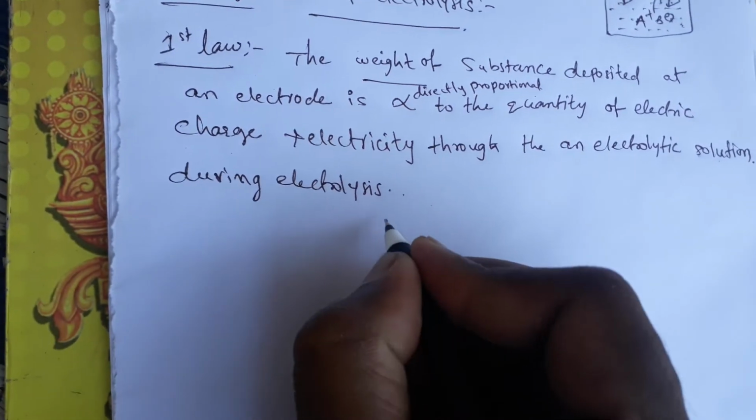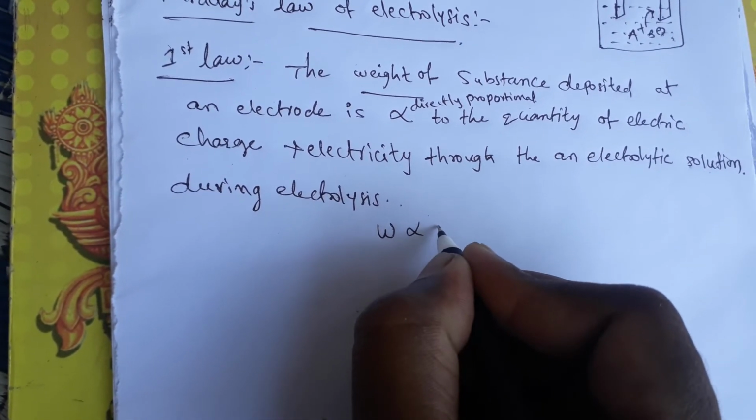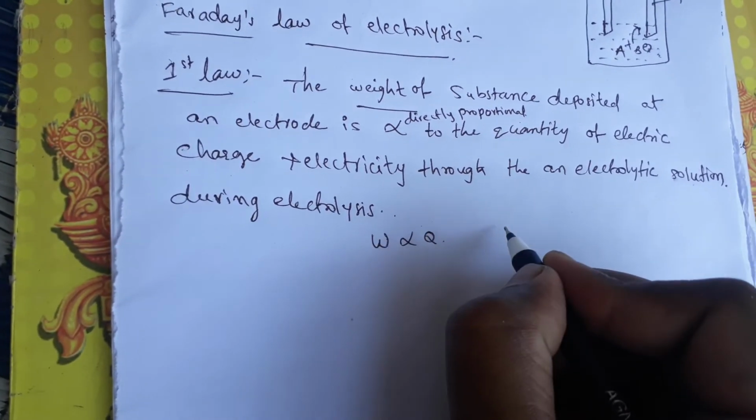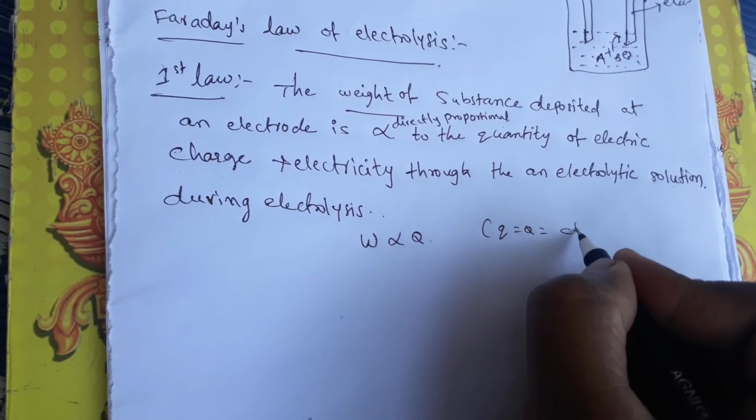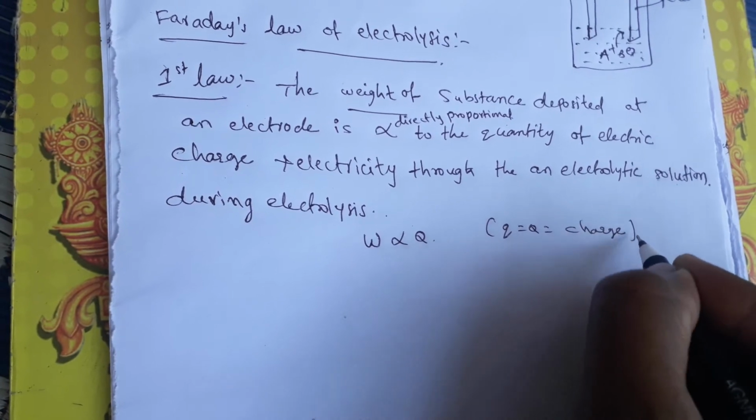So the meaning is that W is directly proportional to Q, where Q is the charge, depending on how much current you are passing.